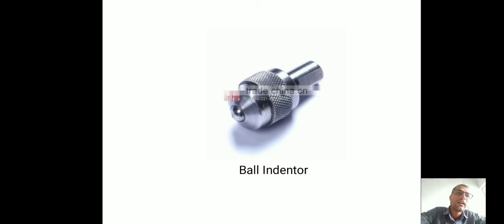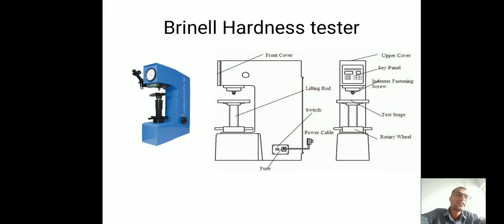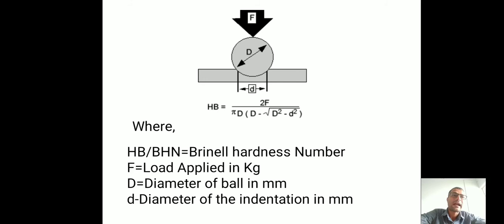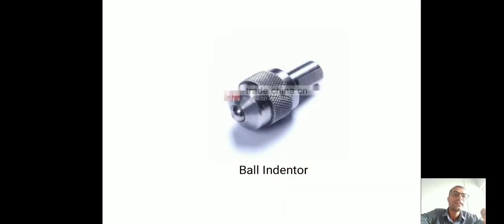And we have already discussed, when we are rotating the rotary wheel, the test specimen is on the test edge and the indenter moves inside that specimen, which means at that time this ball indenter moves inside that test specimen, and according to the hardness, that ball moves inside the test specimen.